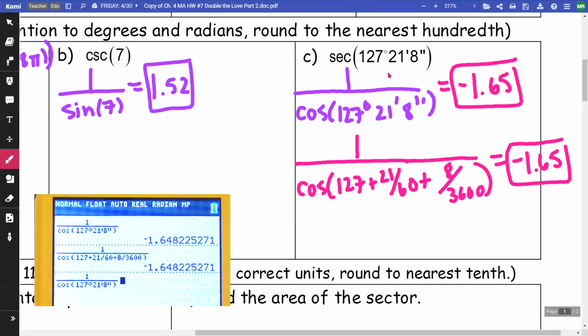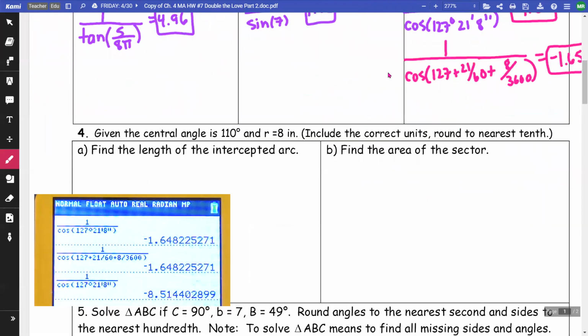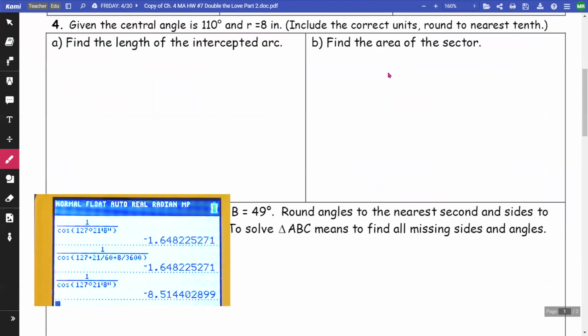My calculator is currently in radians, but when I put my degrees, minutes, seconds in, it should usually force it. This is not forcing it. So make sure you keep it in degrees. You can't force it. In this case, it's not working.